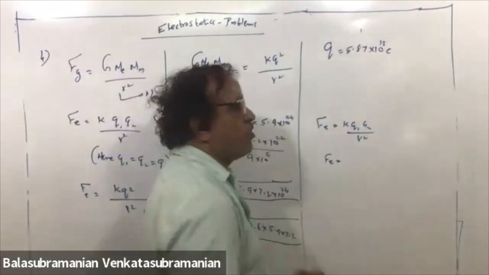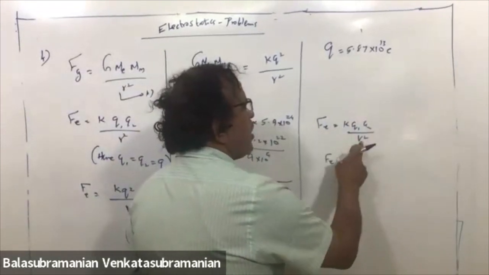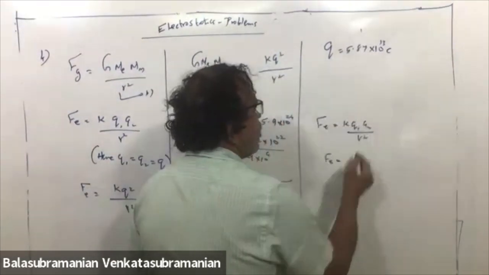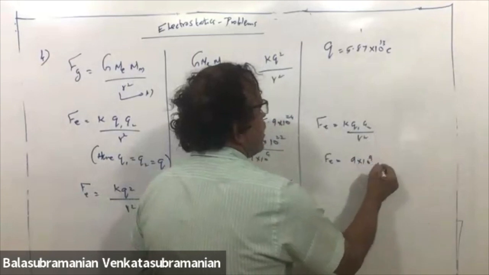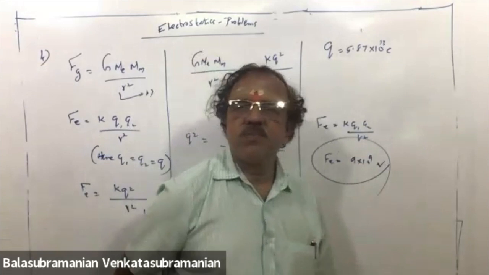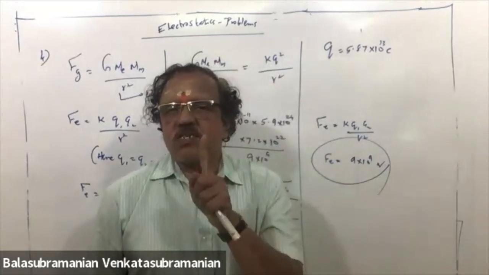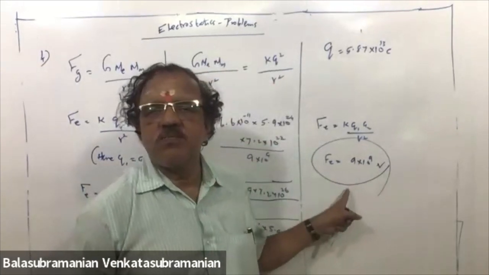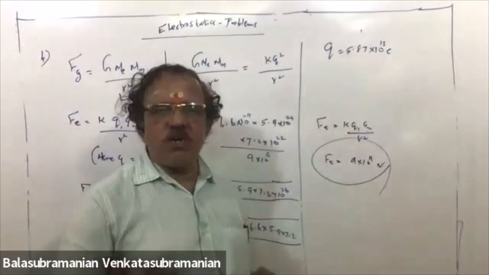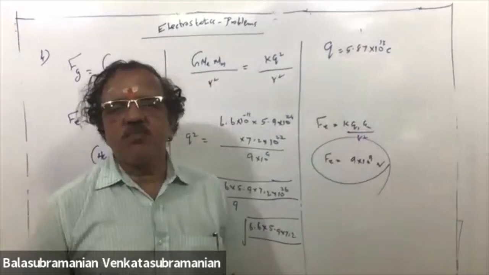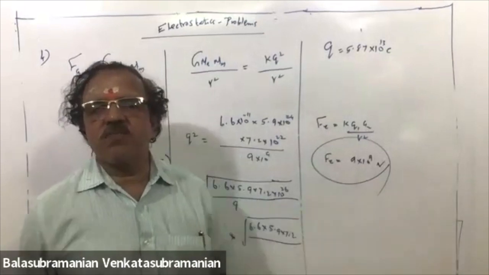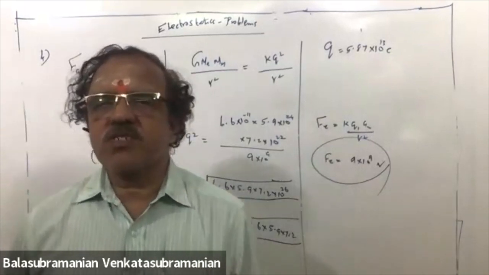Q1 1 coulomb, Q2 1 coulomb, R 1 meter. Then K alone will give the answer, that is 9 into 10 power 9. Left hand side force, so unit is Newton. 1 coulomb of charge, this is the force. 10 power 13 coulomb of charge and all, absolutely impossible. You may get the answer, but it has got no correlation with the basic idea of electrostatics.